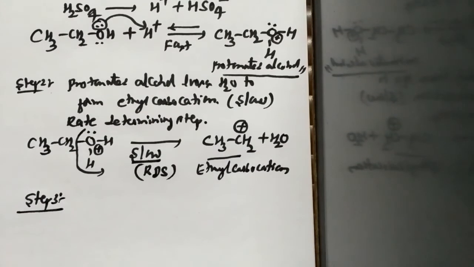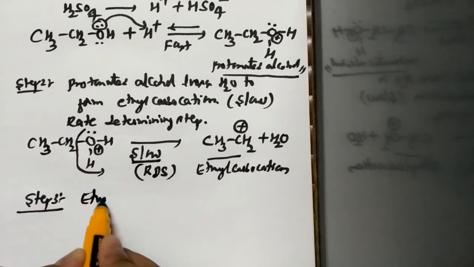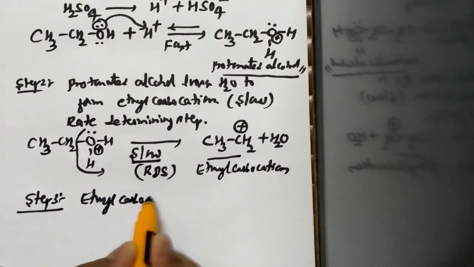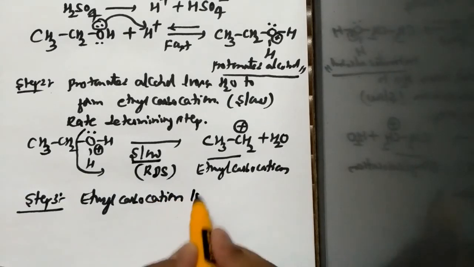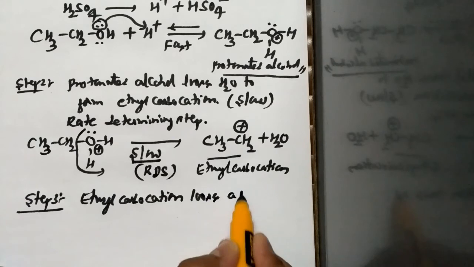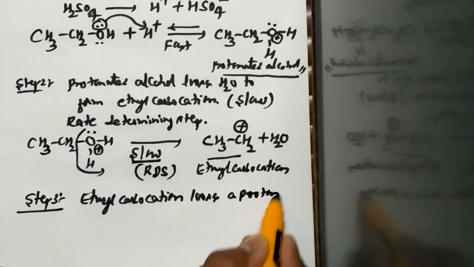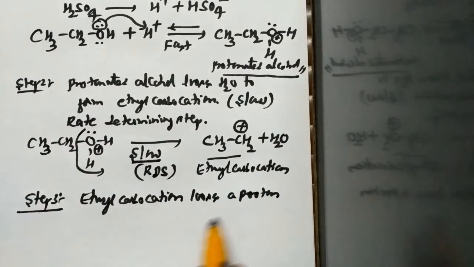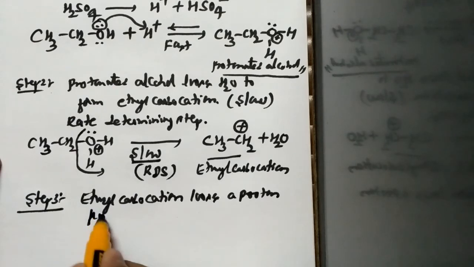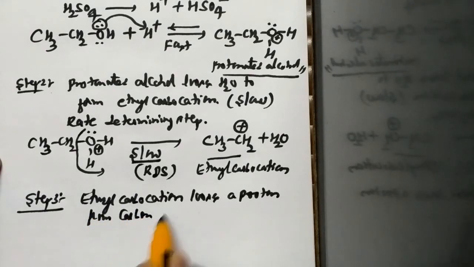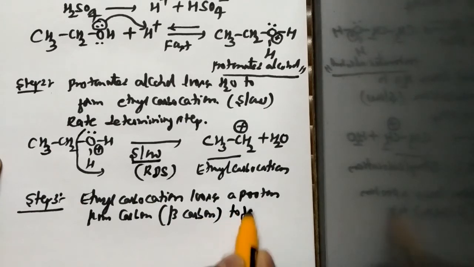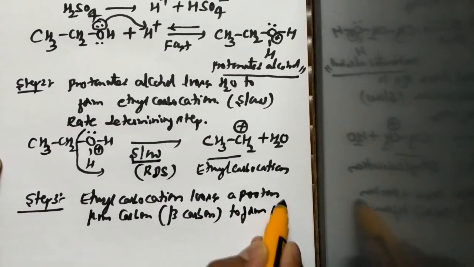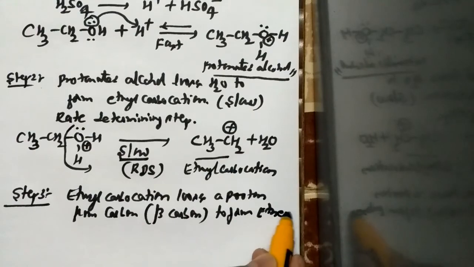Next, the last one, step 3. In step 3 of the mechanism, the ethyl carbocation formed in the previous step loses a proton from carbon, and that carbon is the beta carbon, to form ethene as the major product.